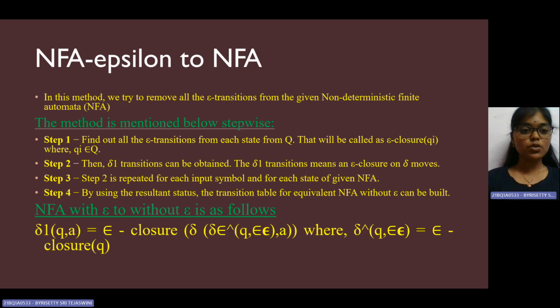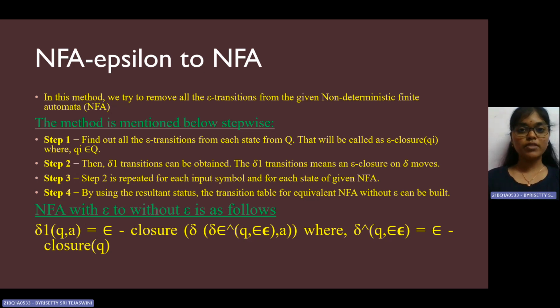First, step 1: find out all the epsilon transitions from each state Q, which is called the epsilon closure. So epsilon closure of Qi, where Qi belongs to Q. From the diagram, the first step is to find the epsilon closure values. For every state like A, B, C or Q1, Q2, Q3 or 1, 2, 3, there will be some epsilon closure.